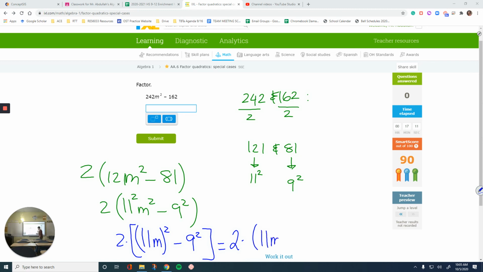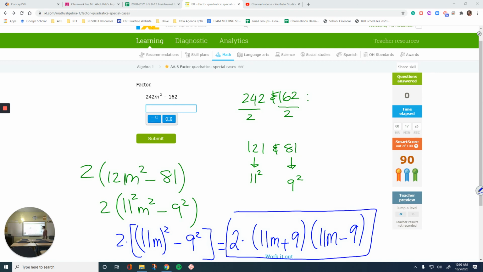Add them together. The second base is 9. And then multiply them together. My bad. Subtract and then multiply them together. So this would be my final answer. 2 times 11m plus 9, and then times 11m minus 9. But that's totally up to you.